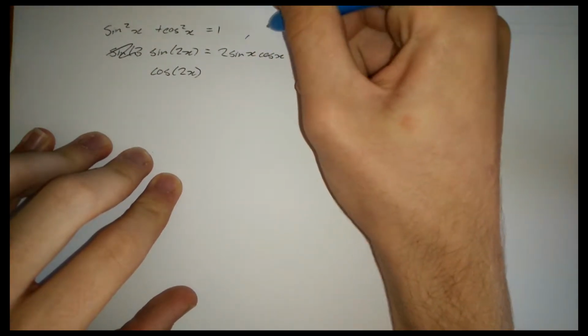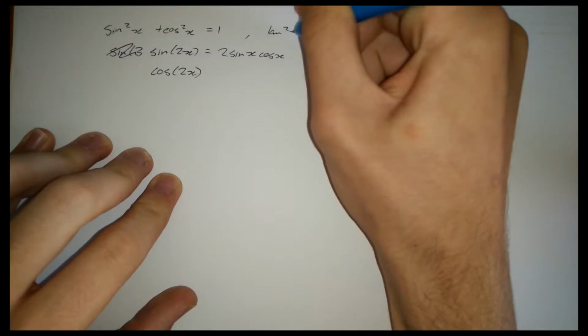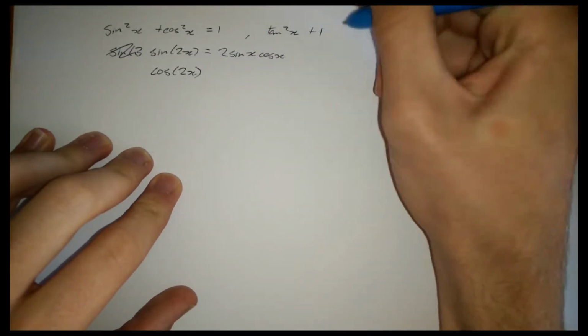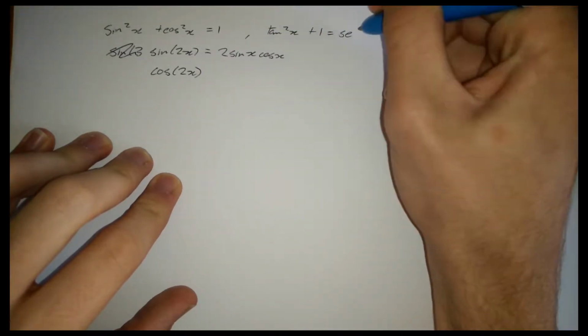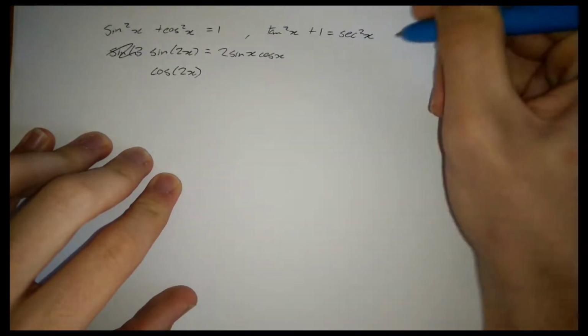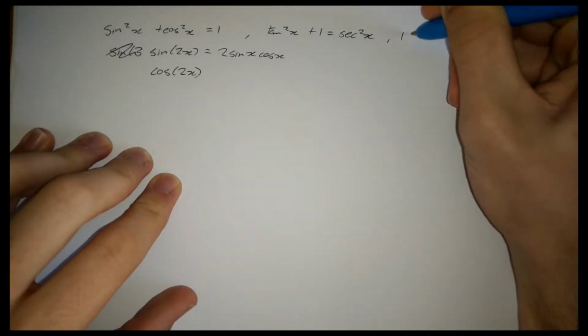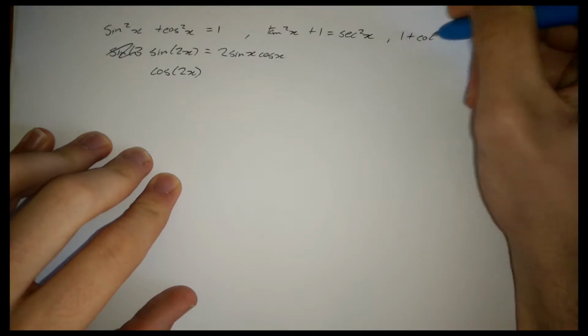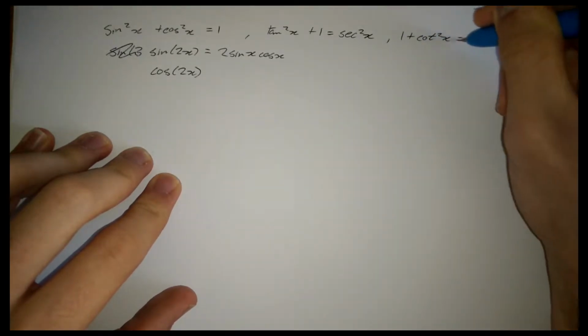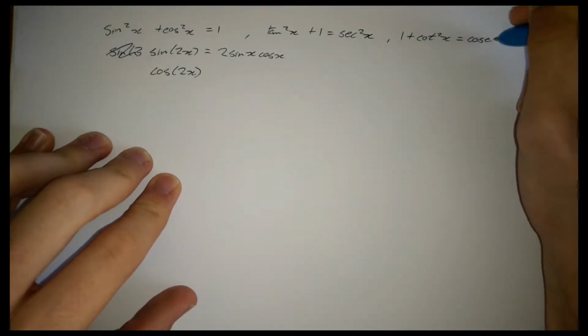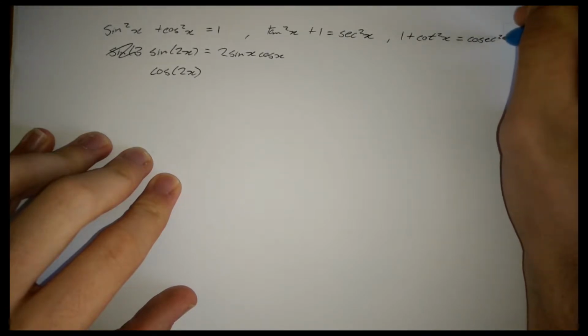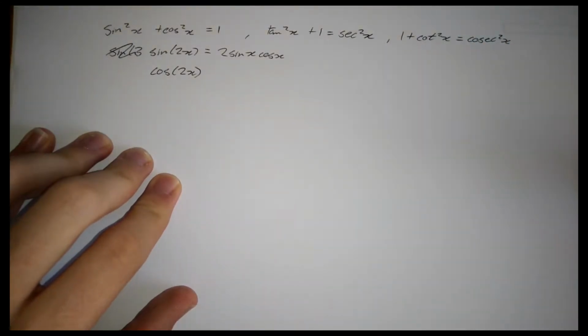We also have up here tan squared x plus 1 equals secant squared x. Then we also have 1 plus cotangent squared x equals cosec squared x, up in the top right.